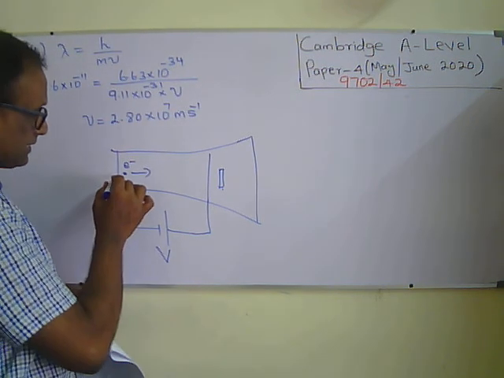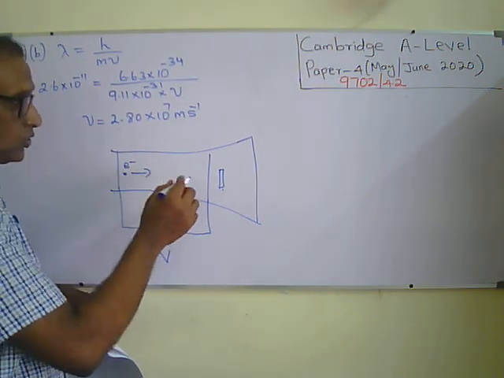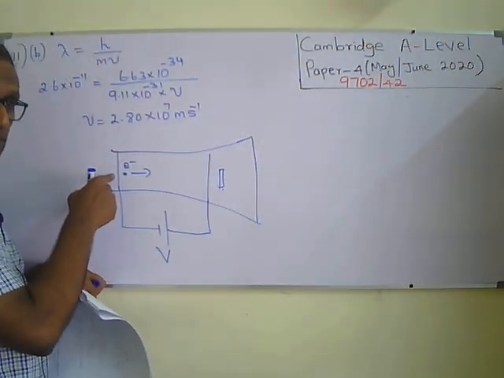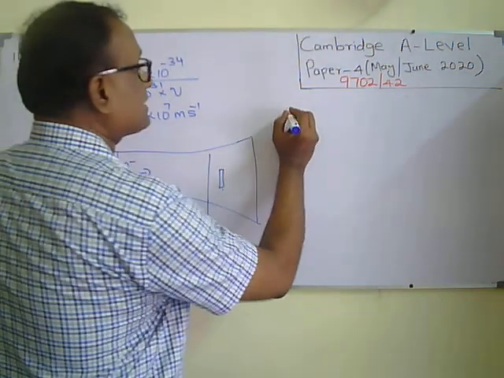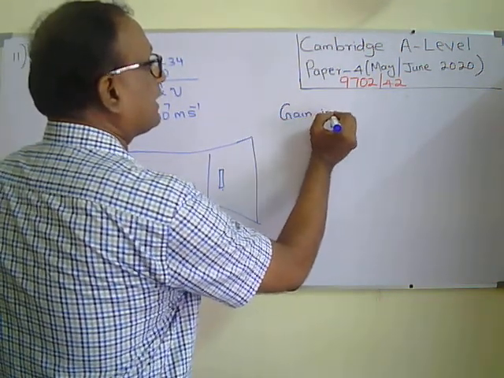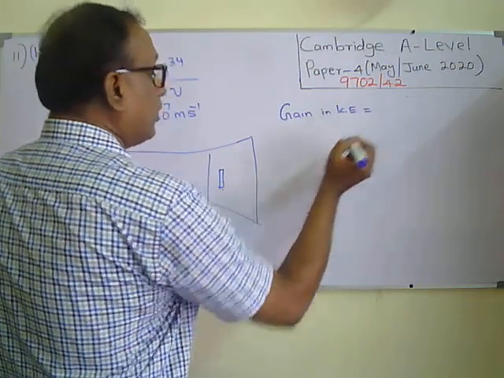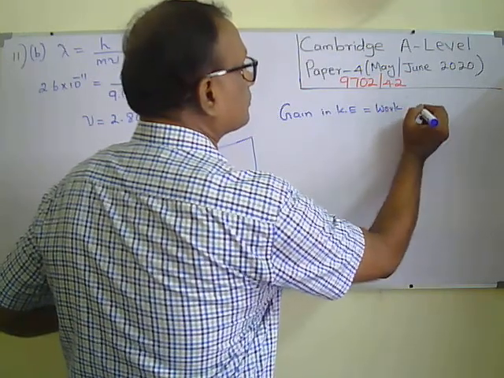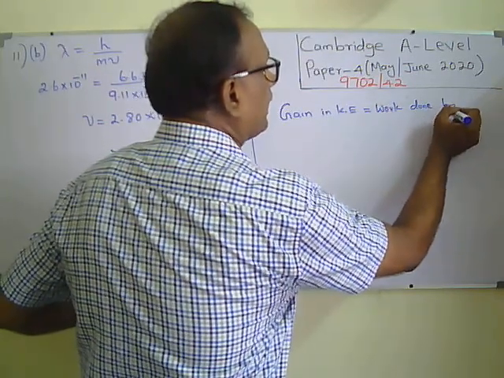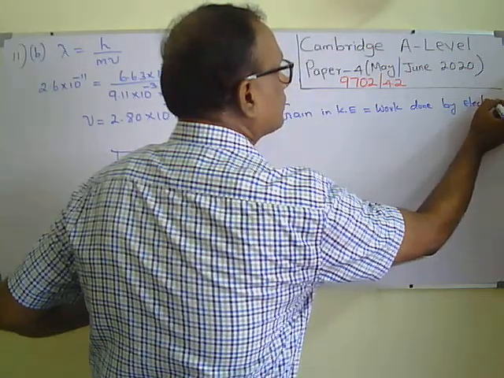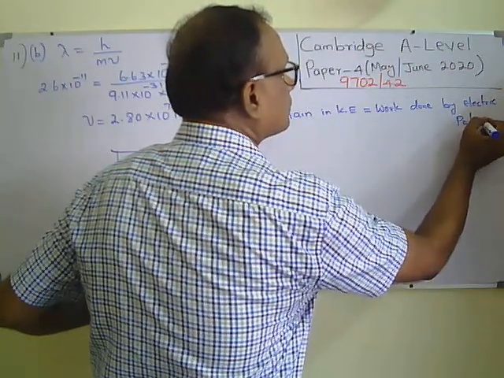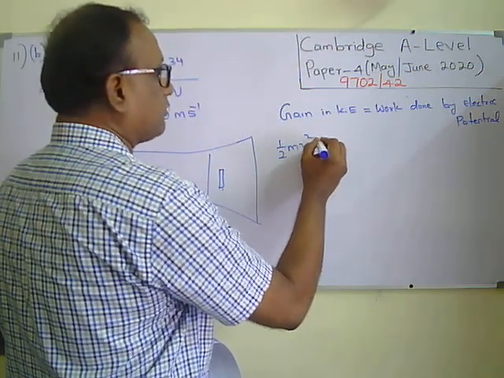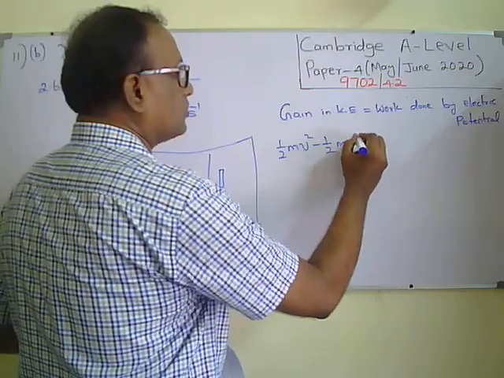So the electron is accelerated from cathode to anode, gaining kinetic energy. We assume the electron is starting its motion from rest. So the gain in kinetic energy is equal to the work done by the electric potential. Gain in kinetic energy is half m v squared minus half m u squared.